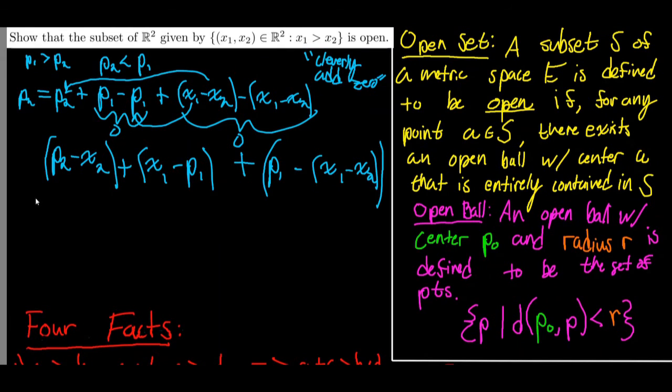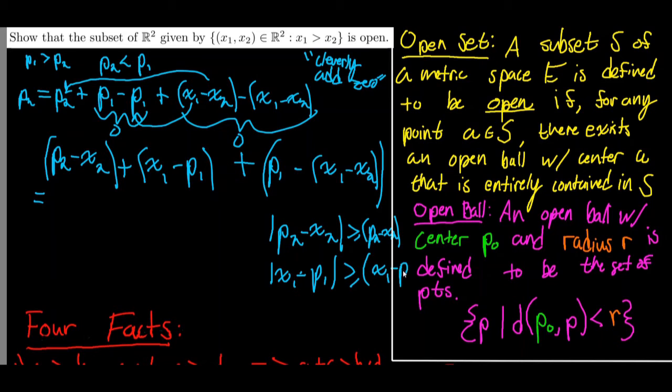And check this out. We know the following fact. We know that the absolute value of p2 minus x2 is greater than or equal to p2 minus x2, and we also know that the absolute value of x1 minus p1 is greater than or equal to x1 minus p1 without absolute values.